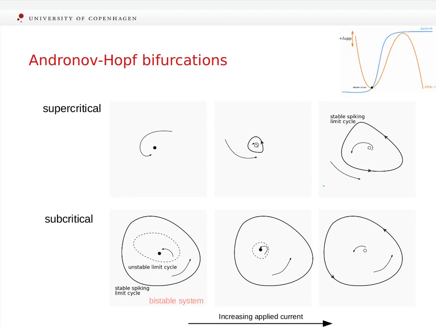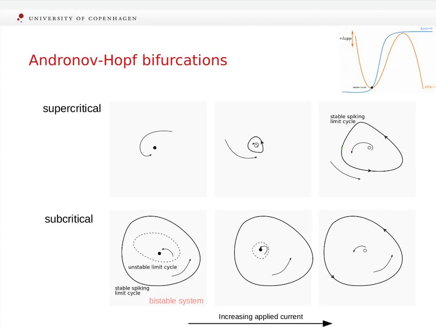As we increase the applied current, this limit cycle becomes larger and larger, which means larger and larger amplitude spikes. So finally we have full-fledged action potentials, but before that we have kind of subthreshold or partial amplitude spikes.